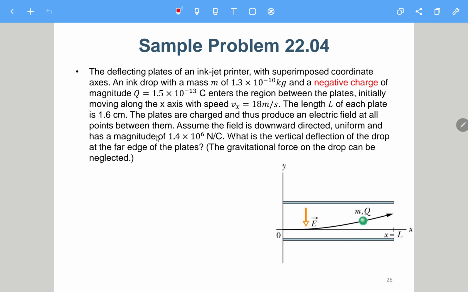The plates are charged and thus produce an E field at all points between them. Assume the field is downward directed, uniform, and has a magnitude of blah blah blah. What is the vertical deflection of the drop at the far edge of the plate? So it asks you for this height. Okay, so the gravitational force on the drop can be neglected.